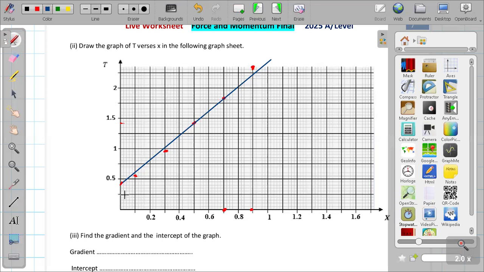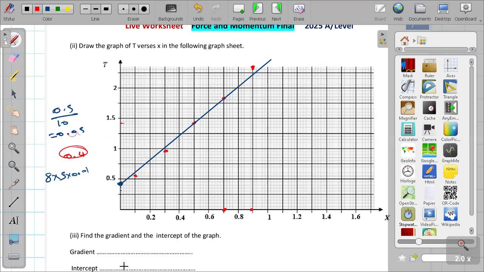See, 10 blocks cover 0.5. 0.5 divided by 10 means 1 block is 0.05. Counting 5, 6, 7, 8, it's 8 blocks. 8 times 0.05 is 0.4.